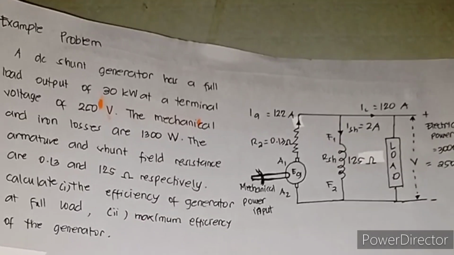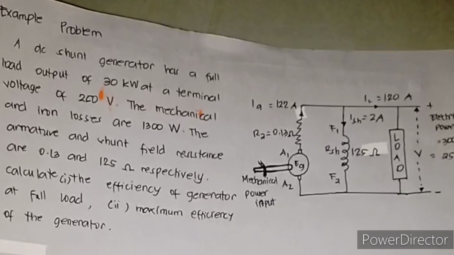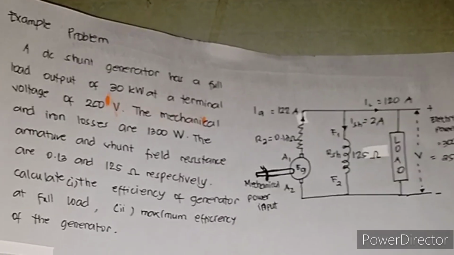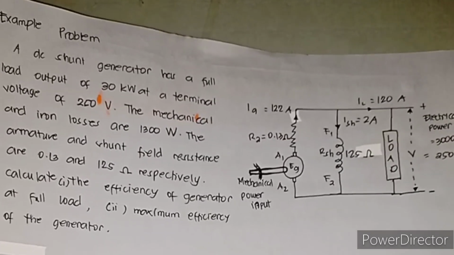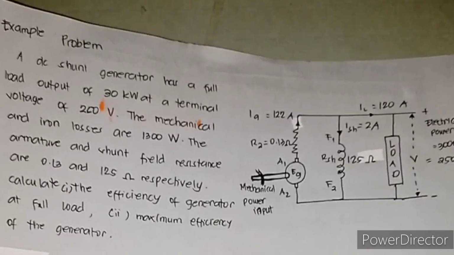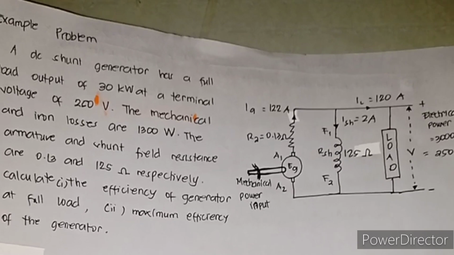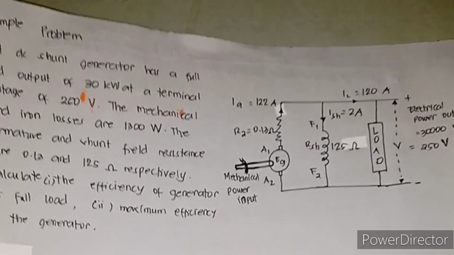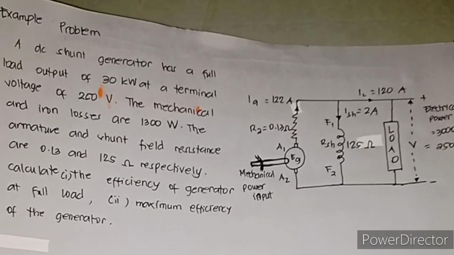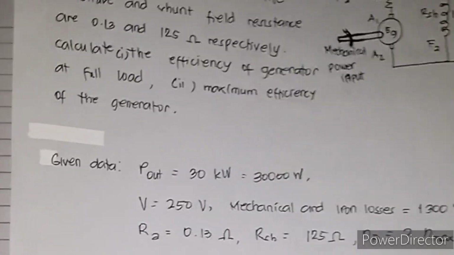The armature and shunt field resistance are 0.13 ohms and 125 ohms. We are going to calculate the efficiency of the generator at full load and the maximum efficiency of the generator. We have the solution here.